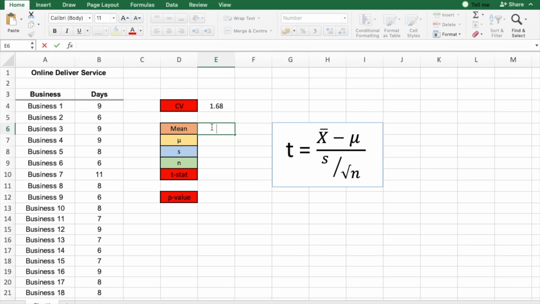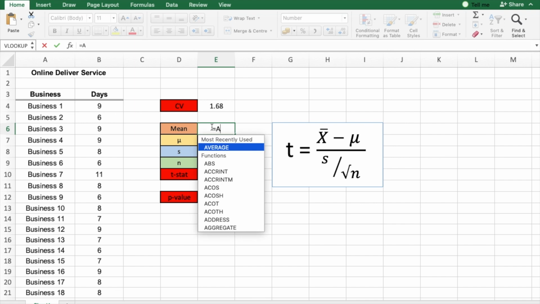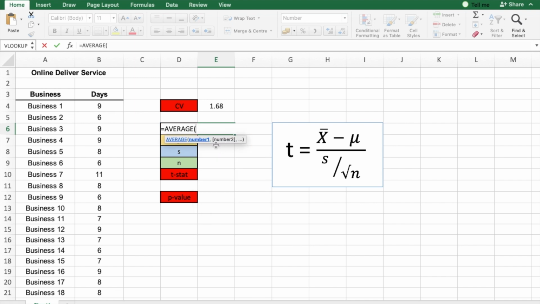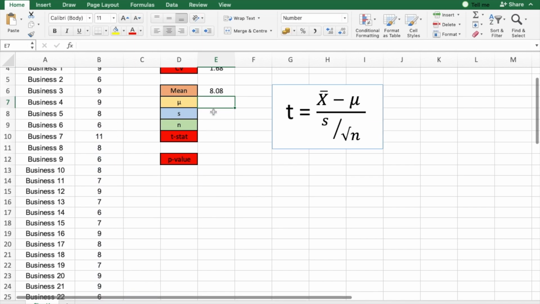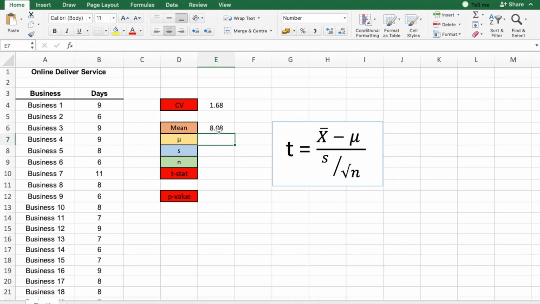So let's calculate the mean. Remember, whenever you want to insert a formula, you need to put an equal sign here. The formula for mean is AVERAGE. You select your sample here, enter. So we've already got the sample mean. The hypothesized mean was 8 from the data.